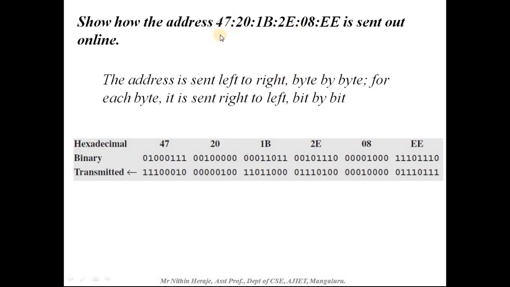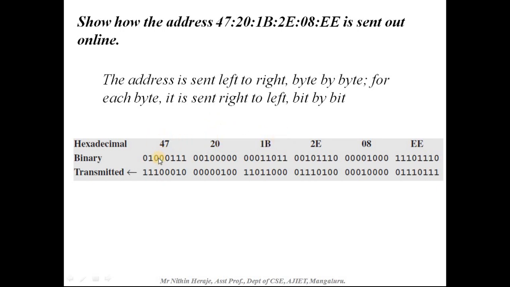Now, if this is the address, how is it sent? The address is sent left to right, byte by byte. So first this byte will be sent, next this byte, and next this byte. That is from left to right.